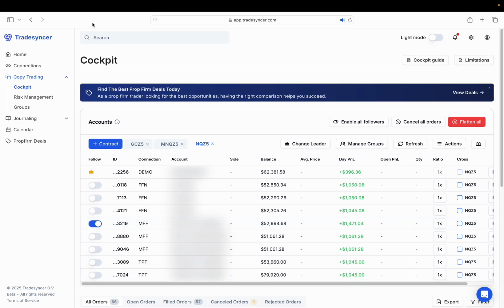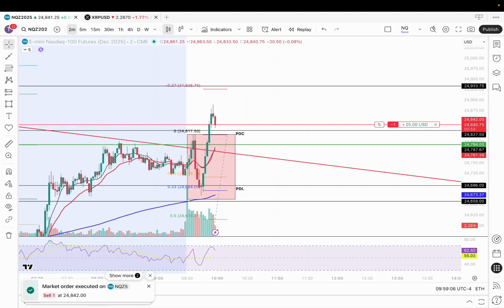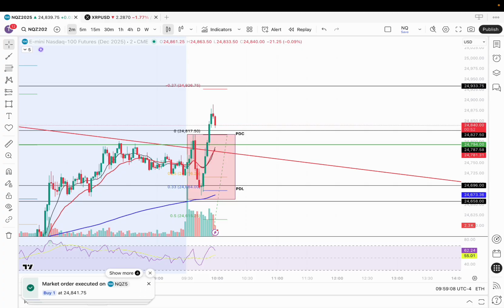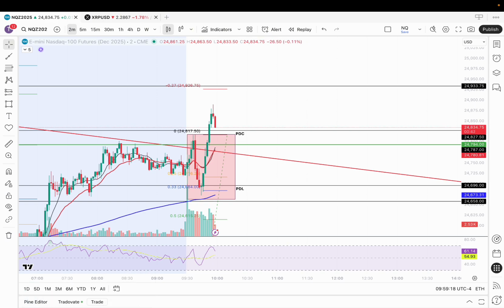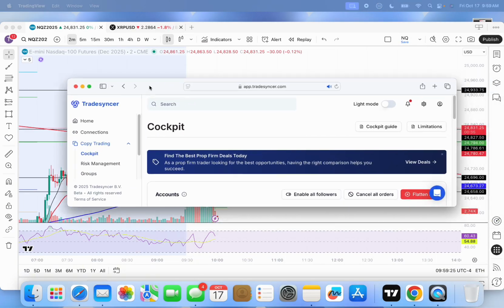Let's see if I can get it real quick. It looks like it's going to go down and retest the ORB. Alright, I think I just got it. Let me see. Oh, I got to do that in order to bring this back over to this screen.